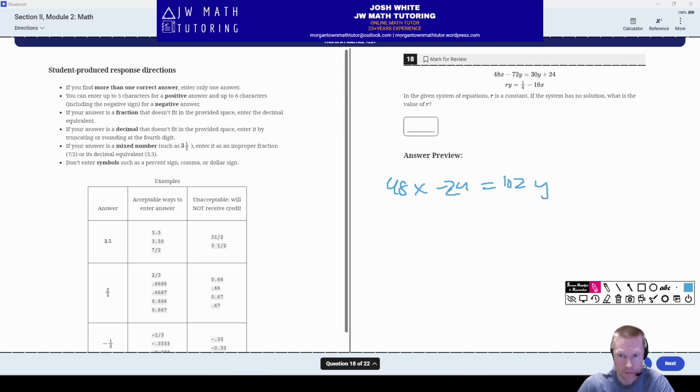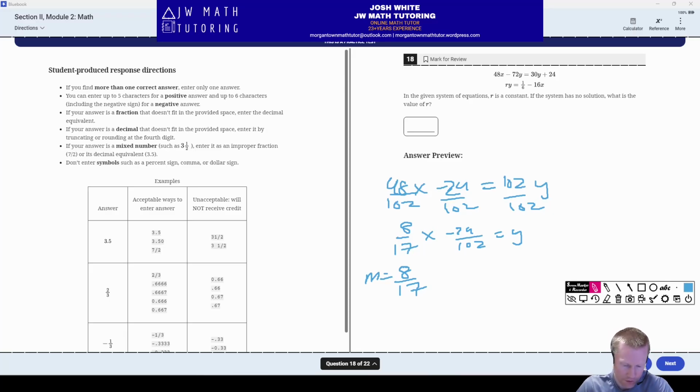So on the right side, I get 102y. Left side, I get 48x minus 24. And then when you divide everything by 102, you get 8 over 17x minus 24 over 102 equals y. So the slope of this line is 8 over 17. Again, 48 over 102 just simplifies. You divide each thing by 6.